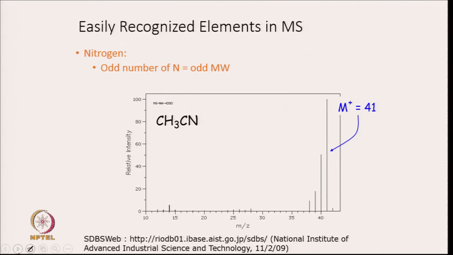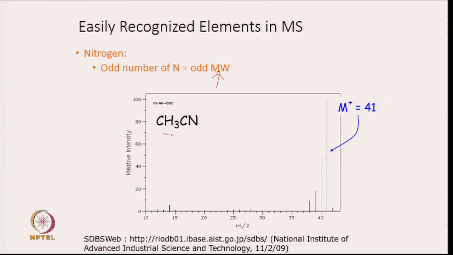Now, there are certain very recognized elements in mass spectrometry which can give you an idea about what kind of structure the molecule has. For example, if there is an odd number of nitrogens, then you will observe an odd molecular weight peak.